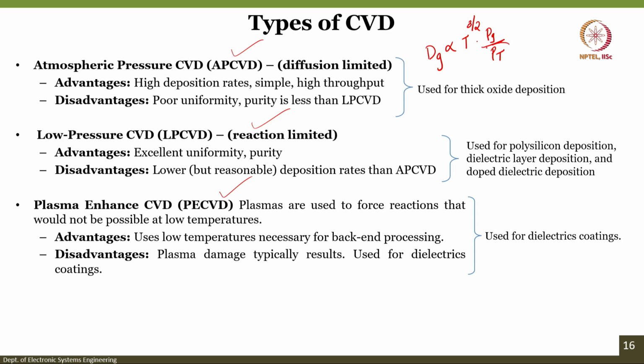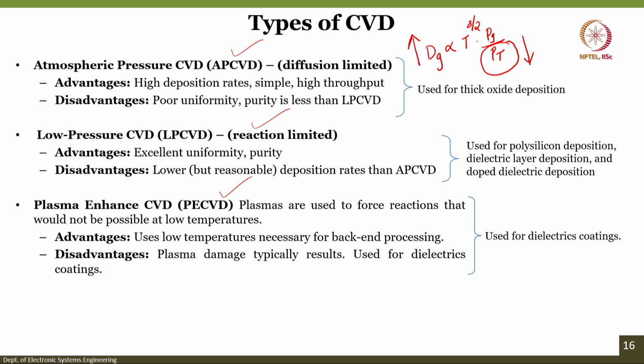So, based upon the pressure in the chamber, either the reaction rate or diffusivity will be the rate limiting step in the particular CVD process. For example, if you consider a low pressure CVD process, the pressure that is maintained in the chamber will be very low. So, the amount of diffusion happening would be high.